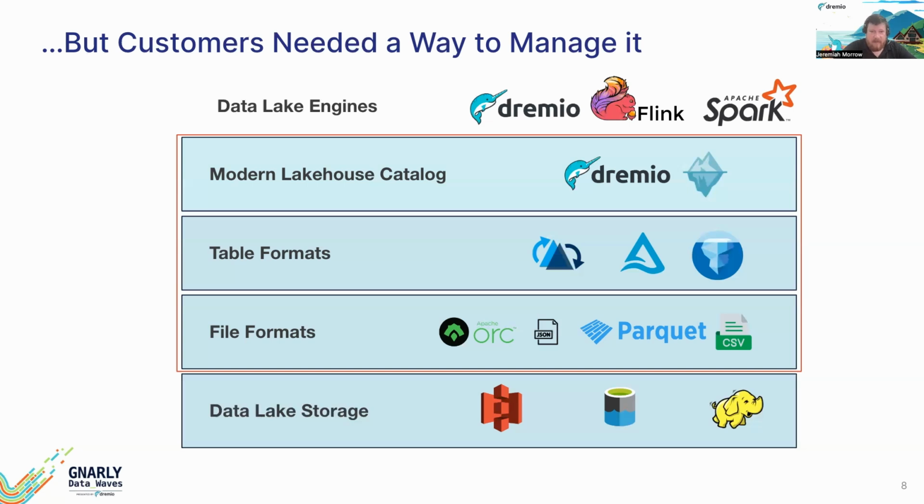Once you've adopted a table format, the final piece of that puzzle is a lakehouse catalog that makes data management really easy and efficient, that provides the security and governance capabilities that enterprise organizations need for their data, and that makes it very easy for all of your end users to access a consistent and high quality view of your data. And for us, that's Dremio Arctic.